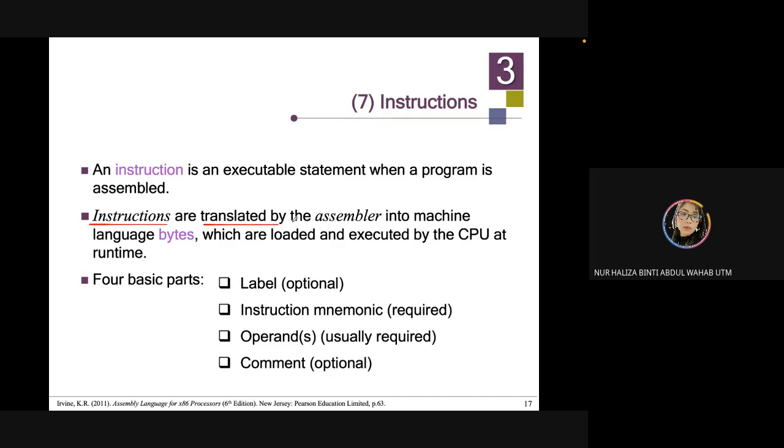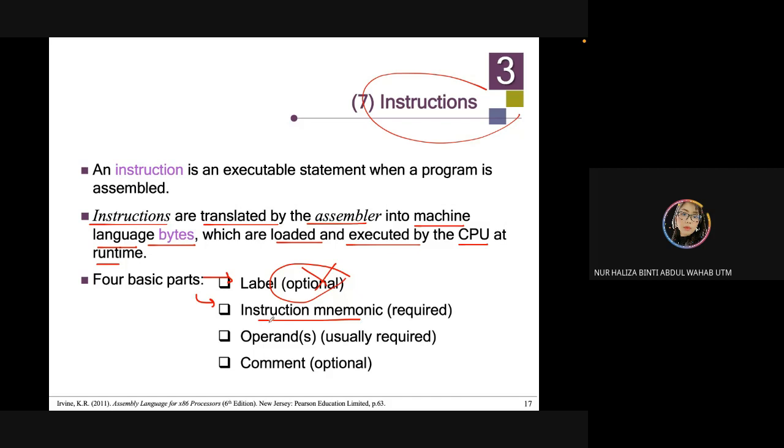Instructions are translated by the assembler into machine language bytes, which are loaded and executed by your CPU at runtime. There are 4 basic parts under instruction. First, the label, which is optional. Sometimes you have it inside your coding, sometimes you don't write it, and that also works. Second, you have the instruction mnemonic, which is a must.